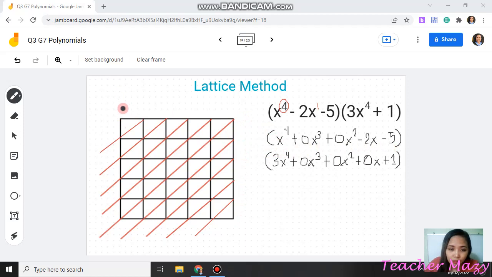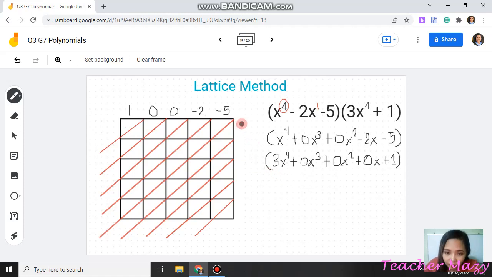Okay? So now, let's write the numerical coefficient for the first factor. So the first one is 1. Next is 0. The other one is 0. And negative 2. Then negative 5. Next, for the second factor, let's write the numerical coefficient in each row.